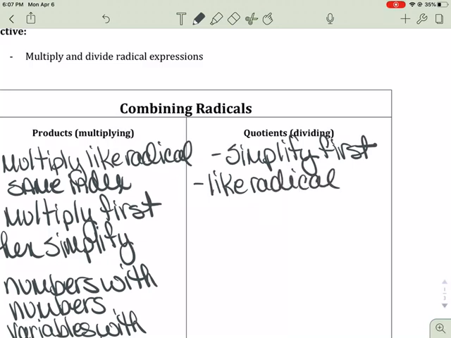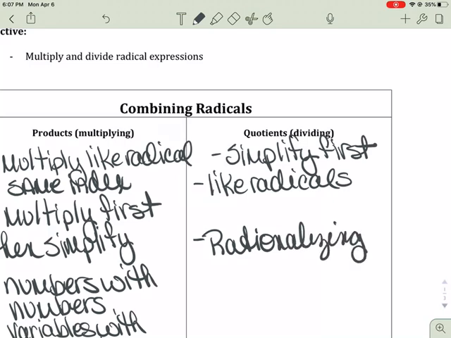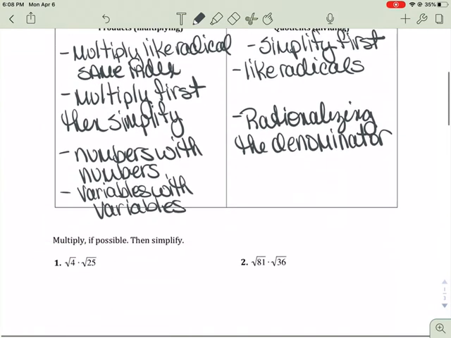So we want to make sure that it's like the square root, cube roots with cube roots. Okay, all right, and then we're going to do what is called rationalizing the denominator. And we're going to spend a little bit more time on that in a few minutes. Basically, that means you cannot have a radical in the denominator of a fraction. Okay? All right, so let's try a couple of these.